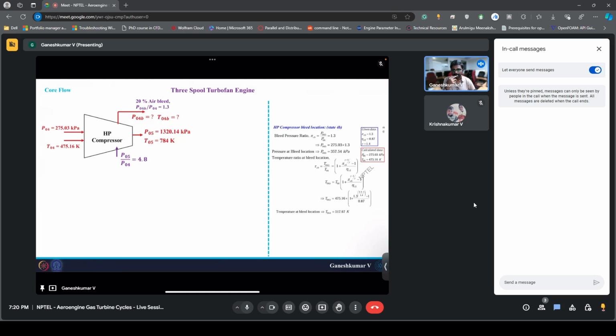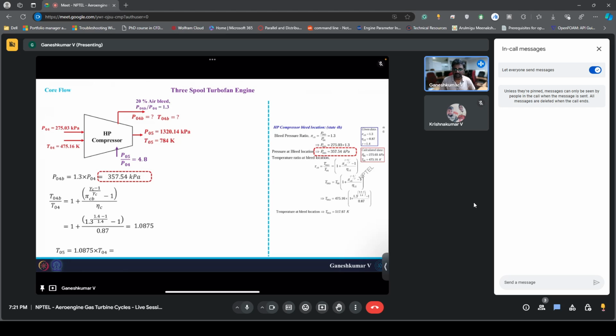Again, similarly, it's at 1.3 times the HPC inlet, which is P04. So P04P would be having a pressure of 357.54 kilopascal. And similarly we can also find the temperature. Again, the compressor efficiency is going to remain same, around 87 percent.